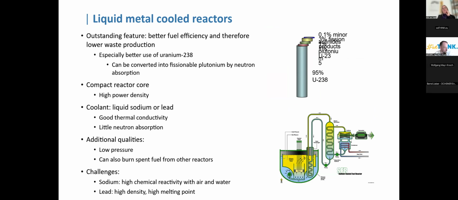The idea is, if you have a regular PWR, the picture on the top right shows the composition of the spent fuel. So 95% is still unused. It's still uranium-238, and only a very small fraction has actually been fissioned. The rest is sometimes reprocessed, but most of the time it's just declared waste.